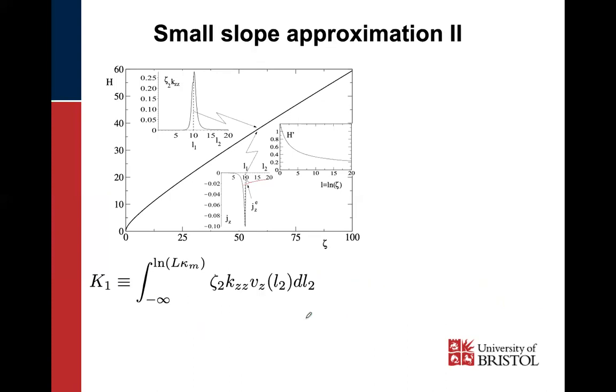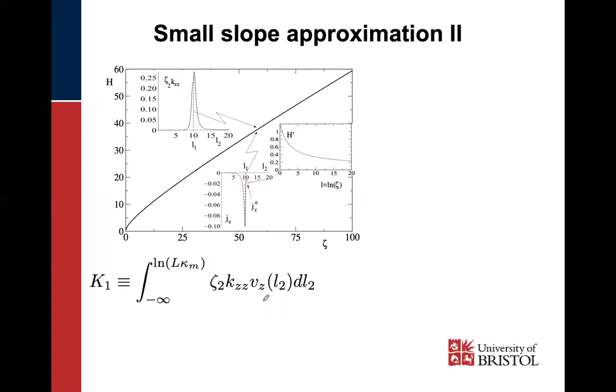Let's, as another example, look at one of the K integrals, these integrals that come from a mismatch in the stress. So this is now the form of the kernel. You've got this factor of zeta 2, by the way, which comes from the fact that we've transformed to logarithmic variables.